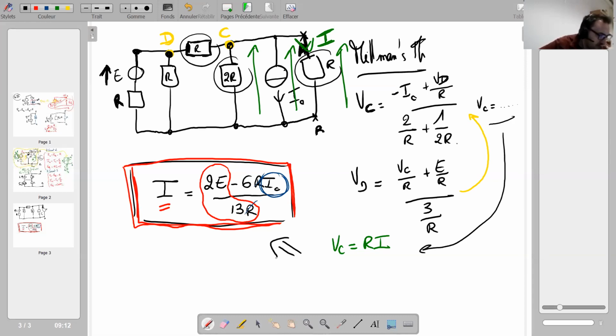But again, you should feel at ease with Millman theorem. When you use Millman theorem, you consider points. You consider only the branches arriving at this point. Check for the different potential.